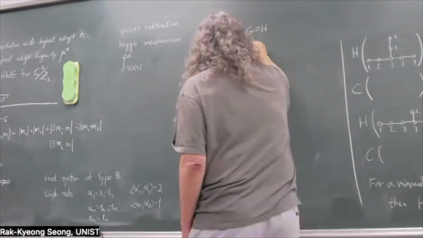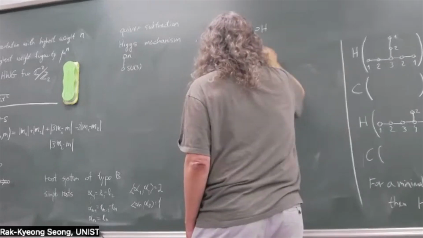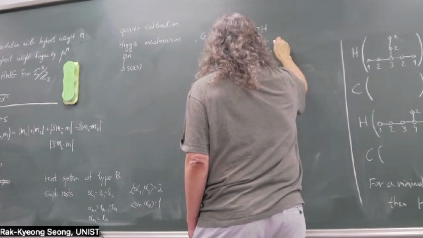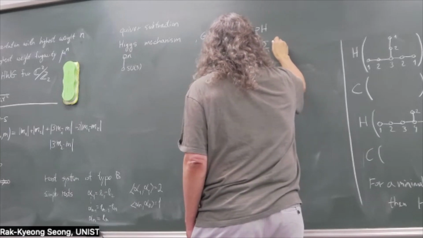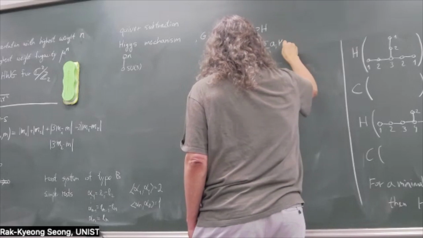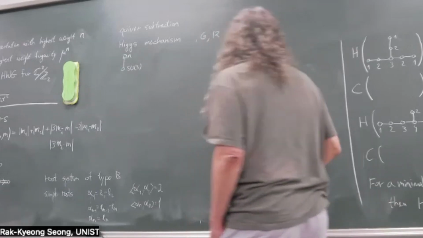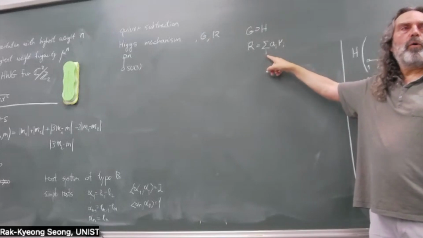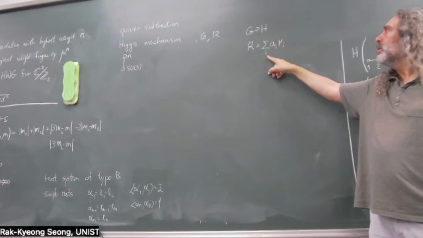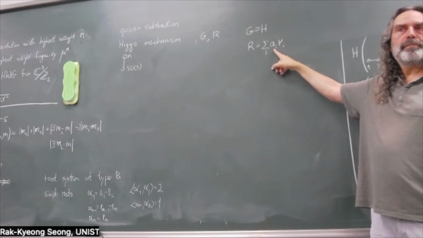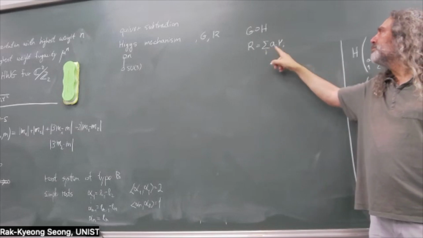Then there will be a decomposition. R equals sum over i of A_i R_i, where the sum runs over all irreducible representations, and most of the A_i are non-zero except for few.